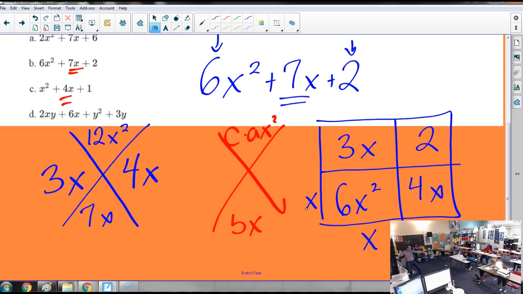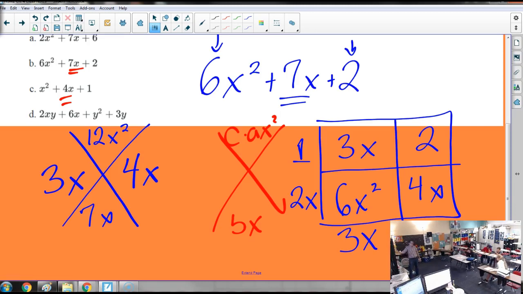I can't do 6 and 1 because 6 does not look like it will easily make a 4. And 1 does not probably easily make a 3. But a 3 will easily make a 3, and a 2 will help us make a 4. So now that we know those, what does this have to be? 1. And the other one would have to be 2.